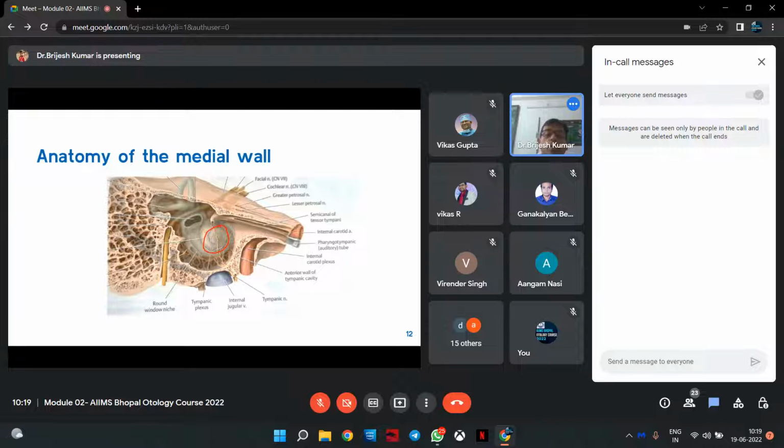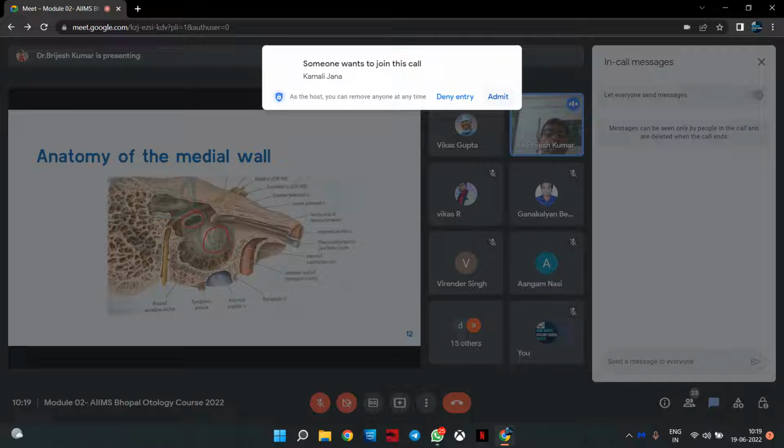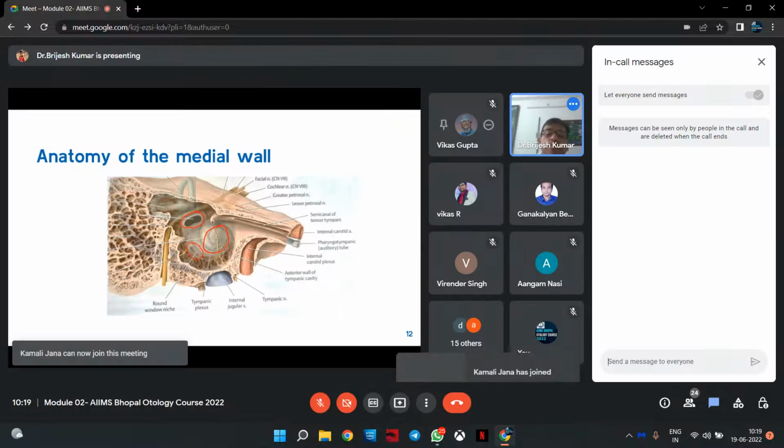Now, above and behind is the oval window, which is closed by the footplate of the stapes bone, and below and behind is the round window.